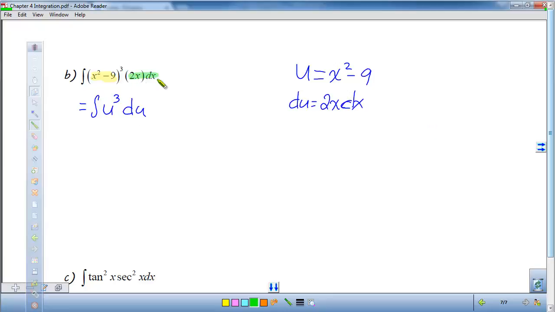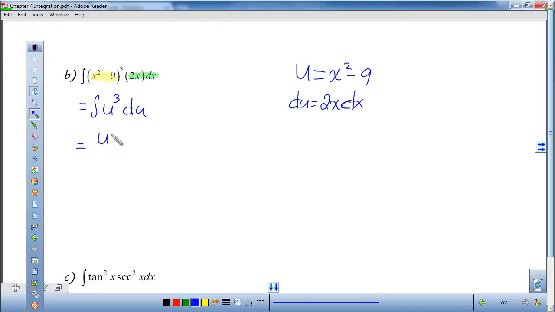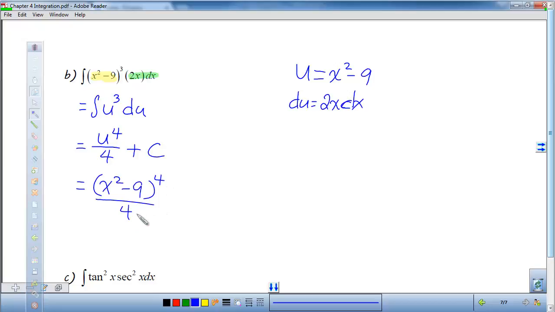Du is equal to 2x dx. And so from here we use our power rule. It's going to be u to the 4th over 4 plus c, or x squared minus 9 to the 4th over 4 plus c.